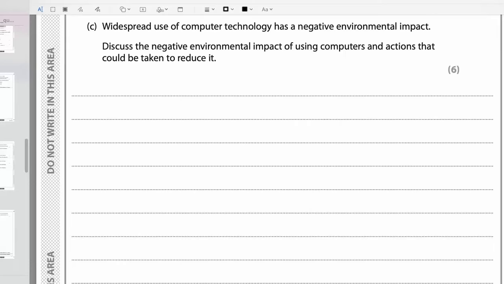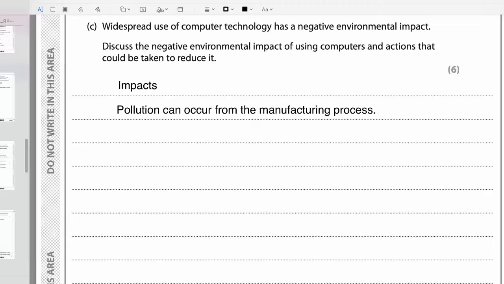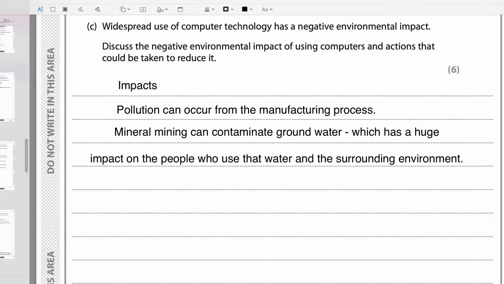You need to look at the impacts and you need to look at the actions that can be taken for those impacts. So one impact is there's going to be an environmental cost from the manufacturing process, whether that's mining or pollution from the manufacturing process. There is an environmental cost to that. So let's list some more impacts now. We've also got mineral mining, contaminated ground, and that having an impact on the people who use the water, and also the surrounding environments, that's animals as well, and the environment that has this polluted water in it.